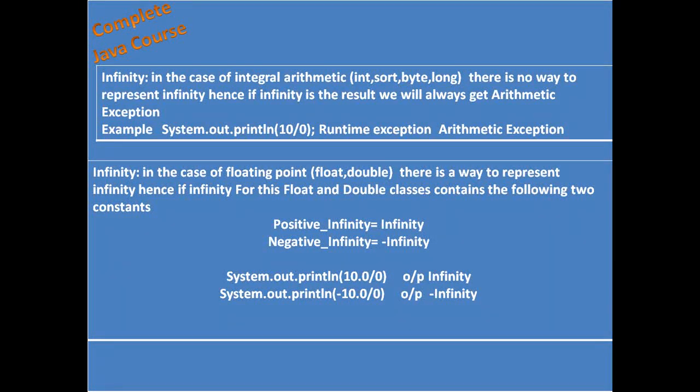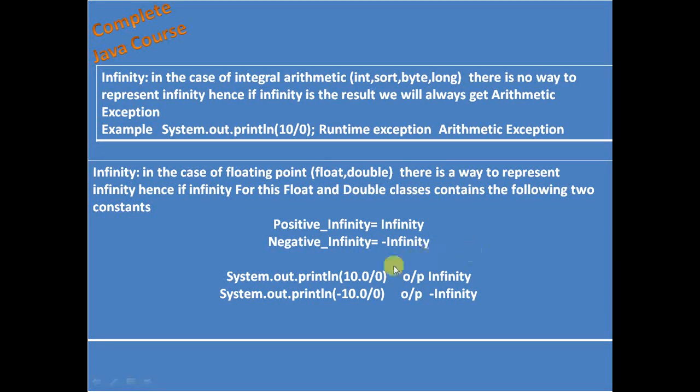But in the case of floating point, meaning if you have a float number or double number, there is a way to represent infinity. Hence, the float and double wrapper classes contain the following two constants: positive infinity, its value is infinity, and negative infinity, its value is minus infinity.